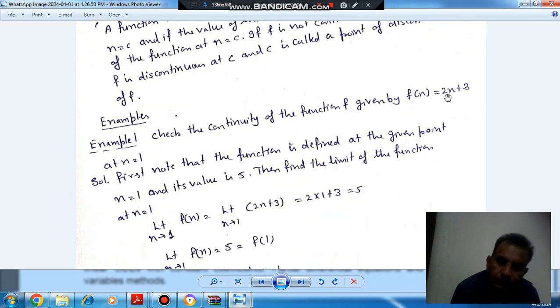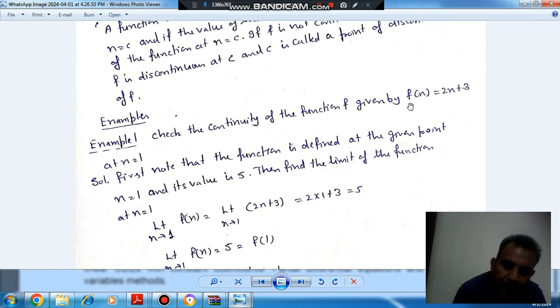Suppose the function is defined at x = 1. So this is the function at x = 1. If we put the value of x as 1, then the value of this function will be 5.